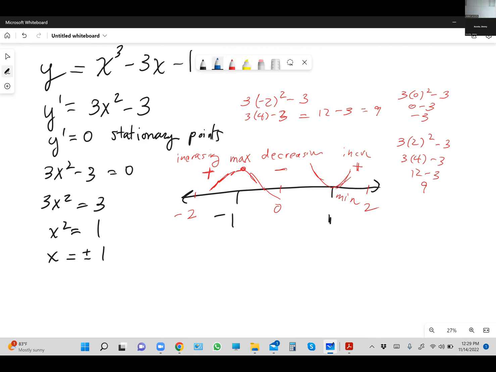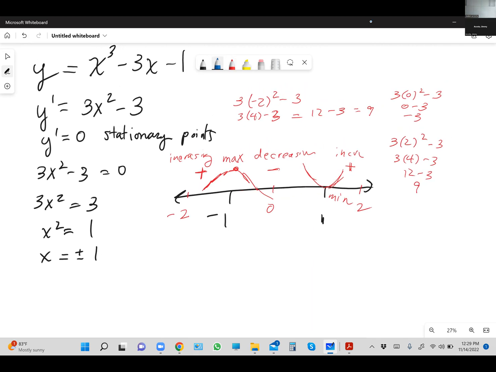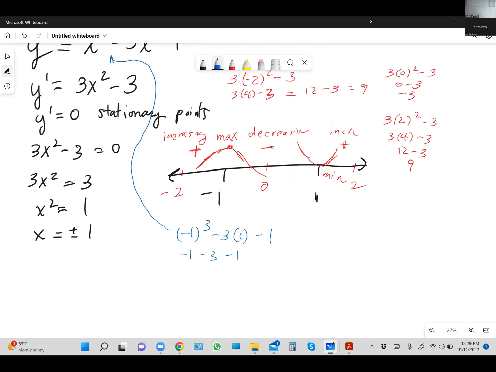If you go back to the original graph and you take -1 to the third minus 3 times 1 minus 1, we just want to get some points. You have -1 plus 3 minus 1. That comes out to 1.